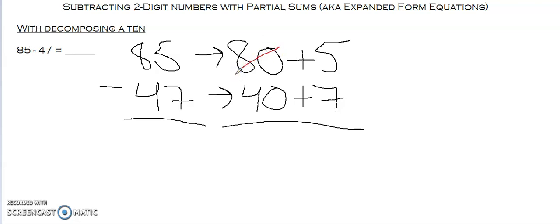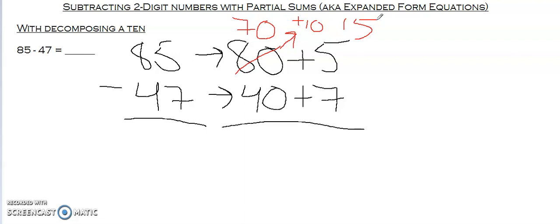So what we're going to do is we're going to take 10 away from 80 and turn it into 70. We're going to take that 10 and add it to the 5 so that I now have 15 instead of just 5.